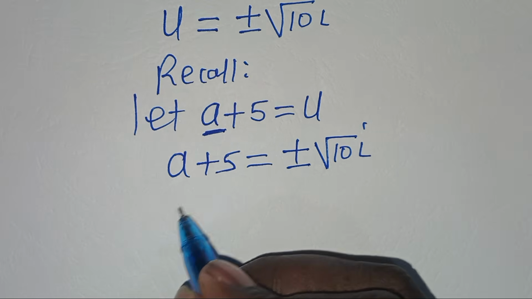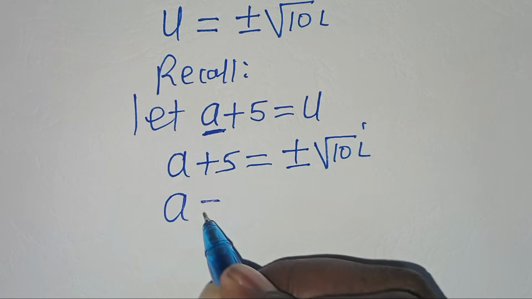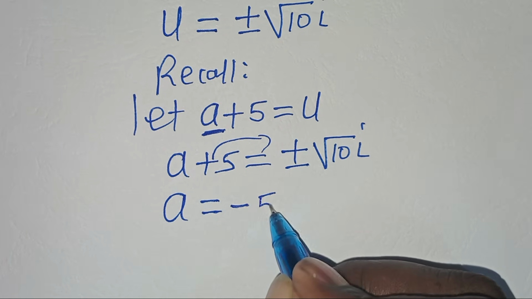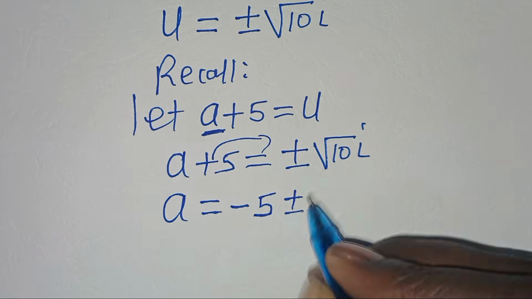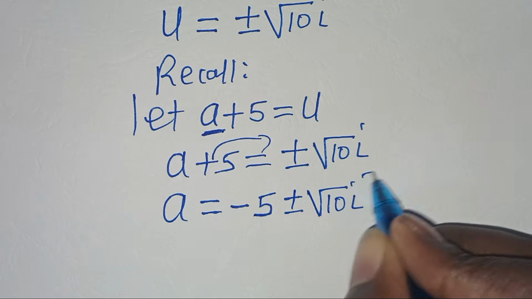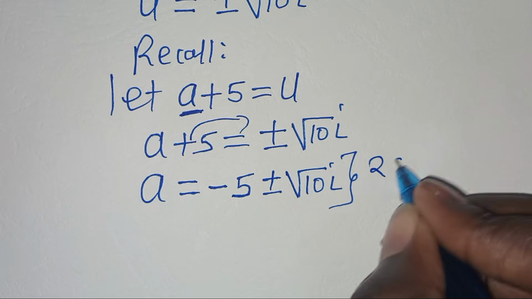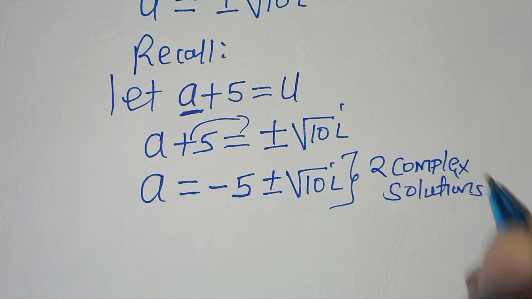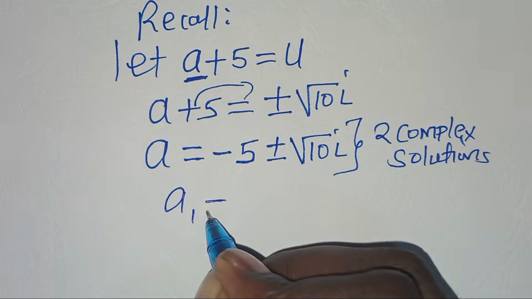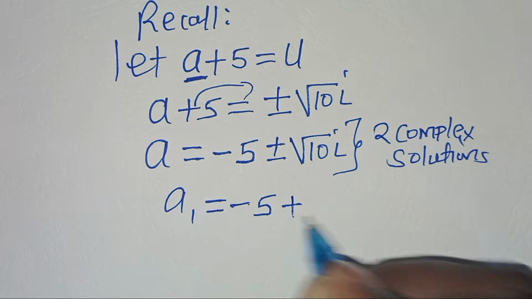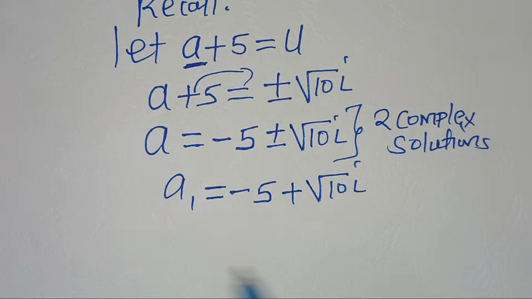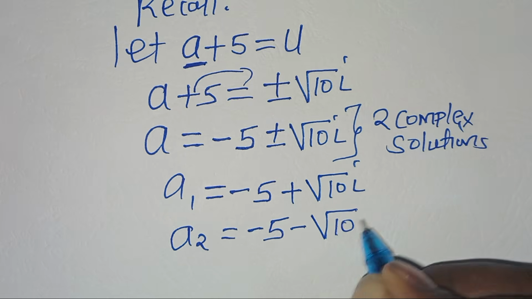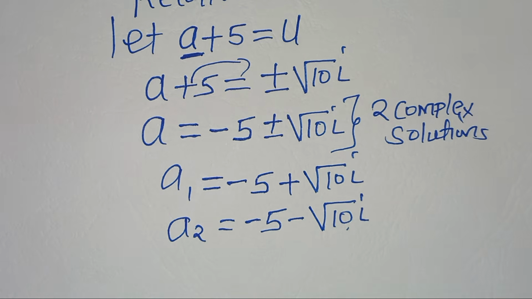So here we have a equal to, taking plus 5 to the right hand side, negative 5 plus or minus root 10i. So you find that these are two complex solutions. This means that a1 is equal to negative 5 plus root 10i, and a2 is equal to negative 5 subtract root 10i. These are two complex solutions.